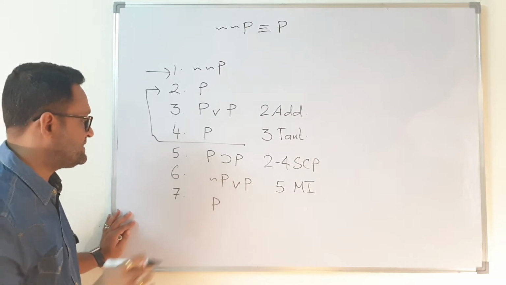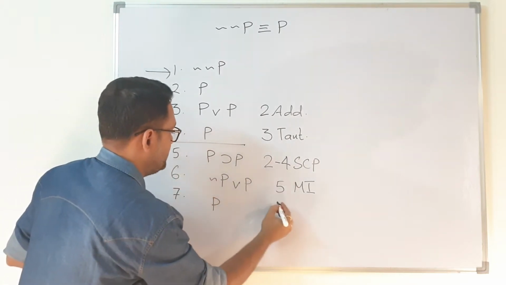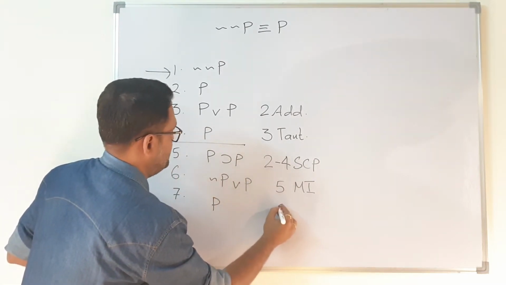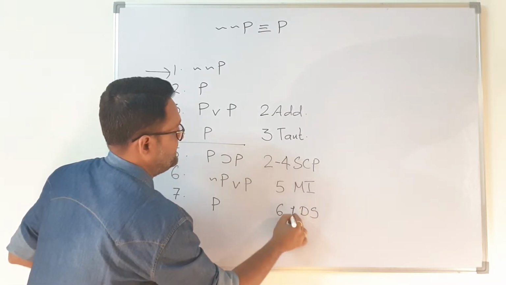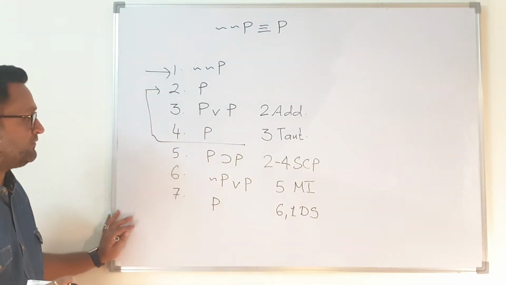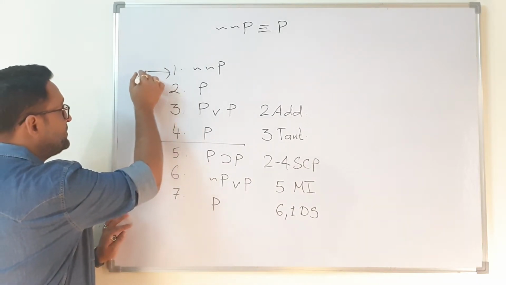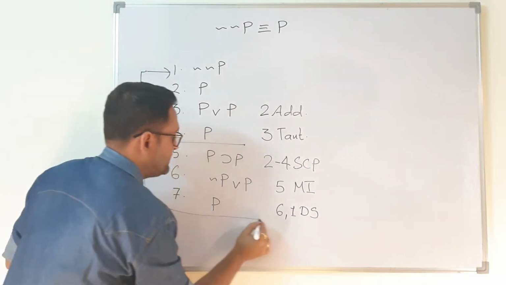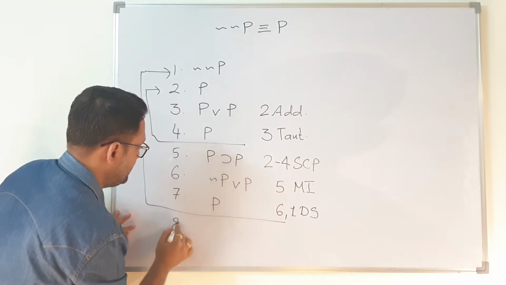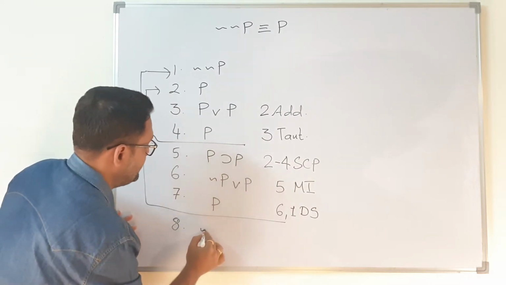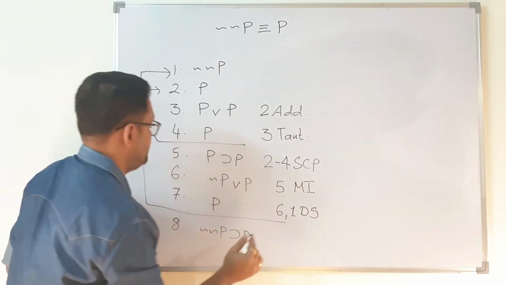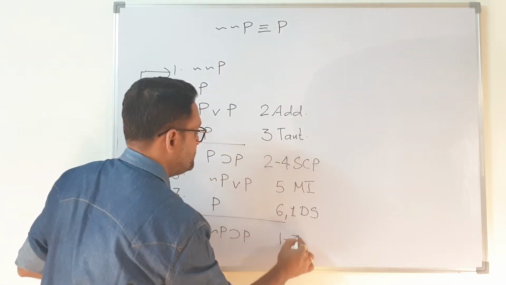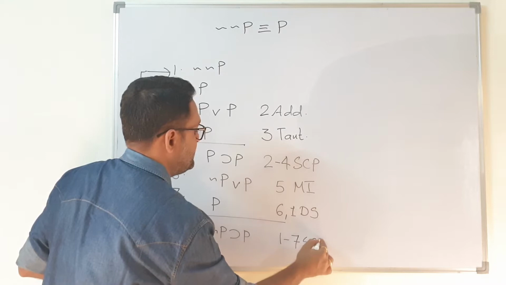I got it from 6, 1 DS. And now if I put the closure here, I will get double negation P implies P. This will be from 1 to 7 SCP.